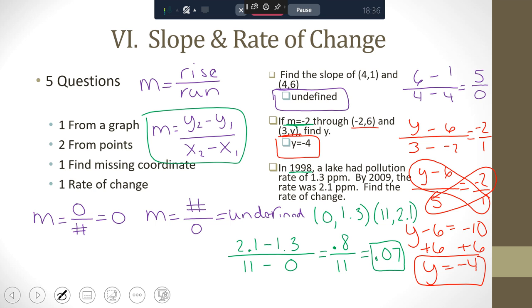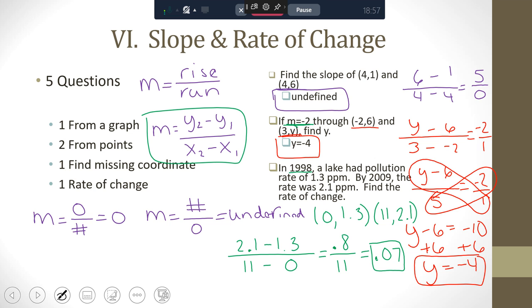However, if you're using time, not years, and we were going from 2 p.m. to 5 a.m., you can't subtract 5 minus 2 because that's 3. That's not how many hours have passed. So that's why I'm showing you 0 and then counting how many years later. Does that make sense?